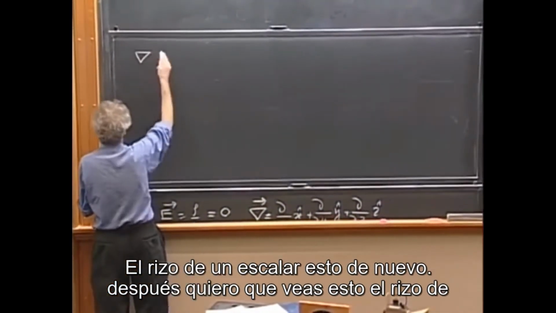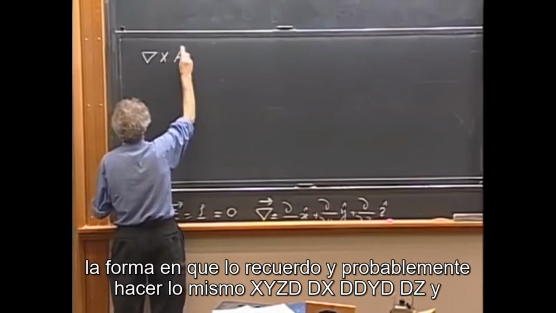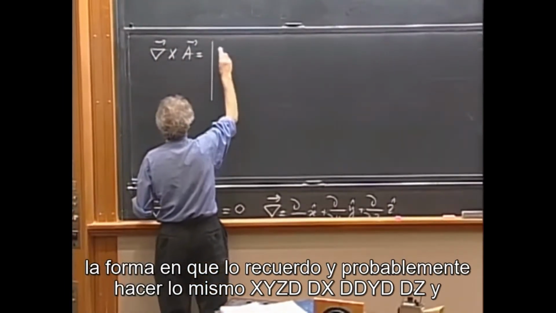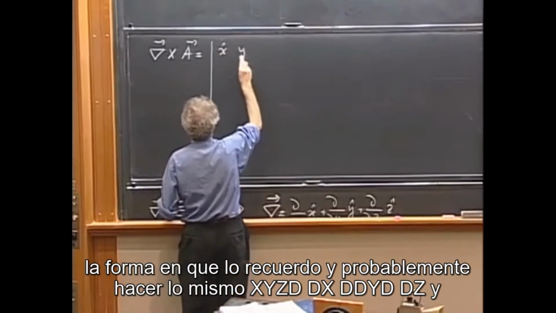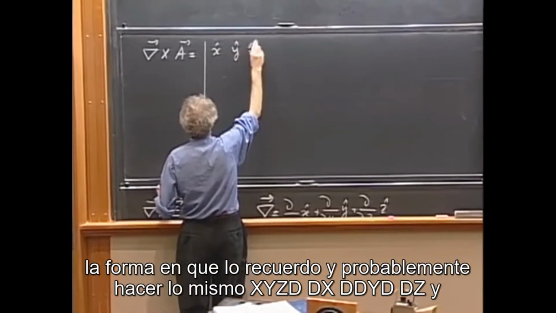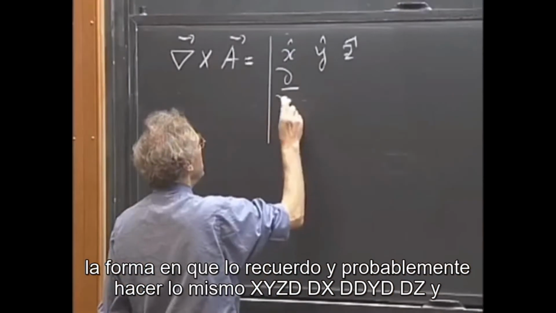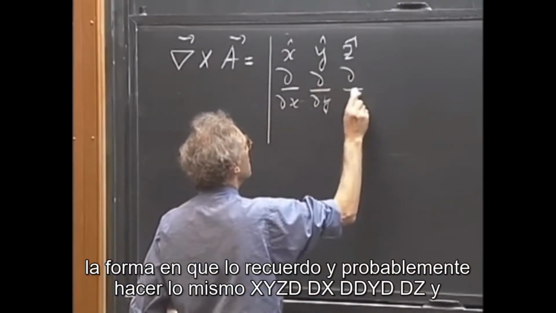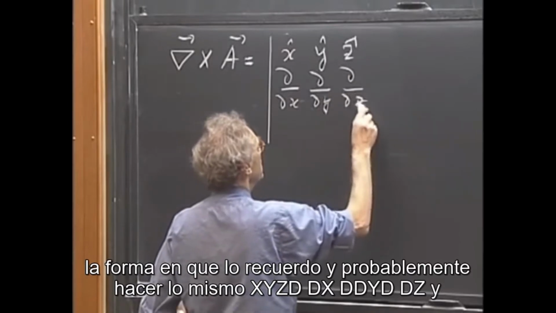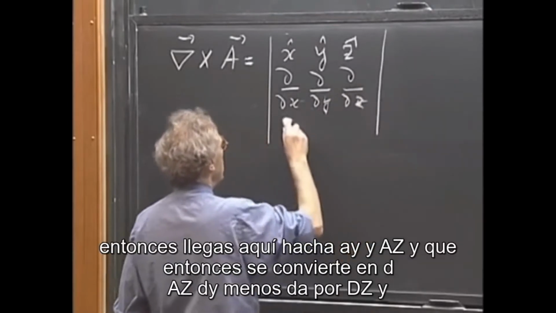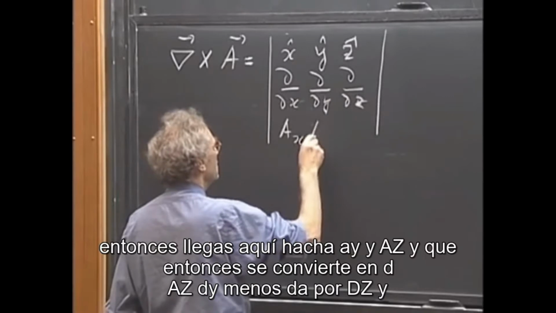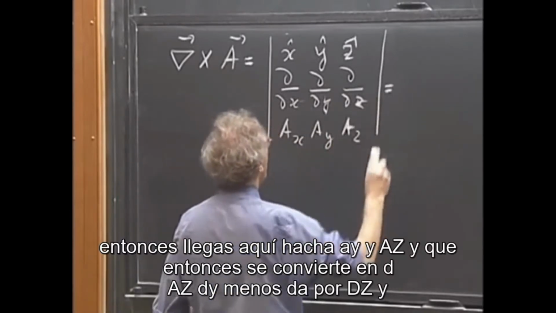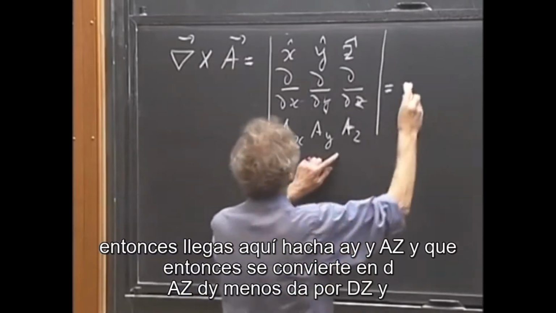The curl of A, I will raise this again later, but I want you to see this. The curl of A, the way I remember it, and you probably do the same: x, y, z, d/dx, d/dy, d/dz, and then you get here Ax, Ay, Az.